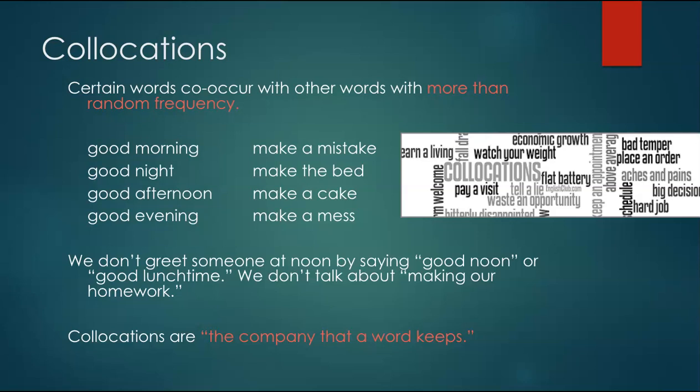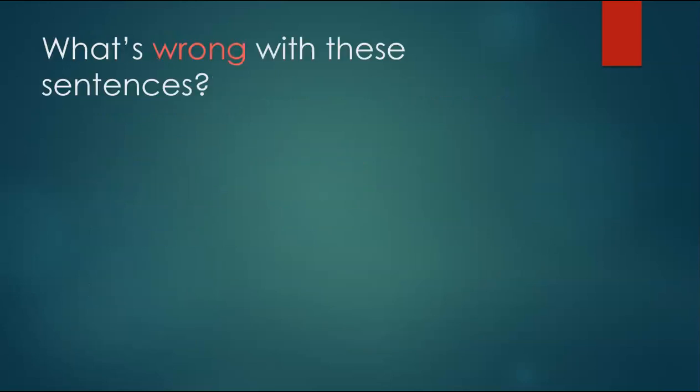We just don't. They don't collocate. The word make, we talk about make a mistake, make the bed, make a cake, make a mess. We don't talk about making our homework. So collocations are the company that a word keeps, the words that go with that word at more than just a random frequency.